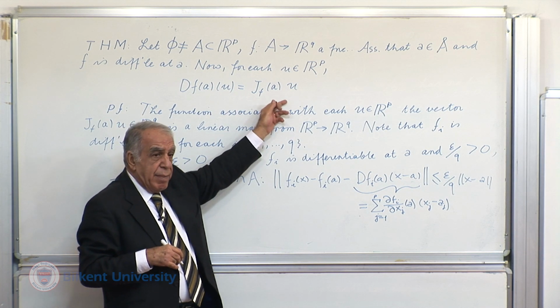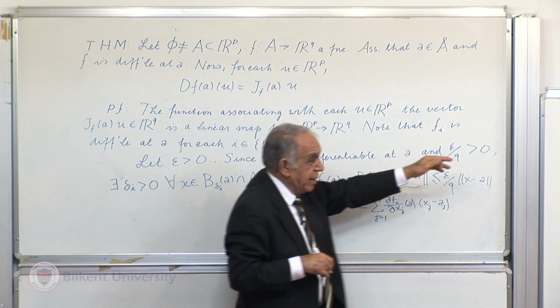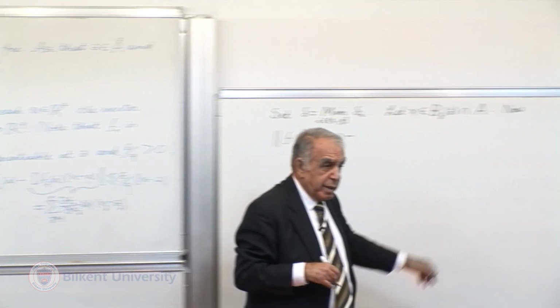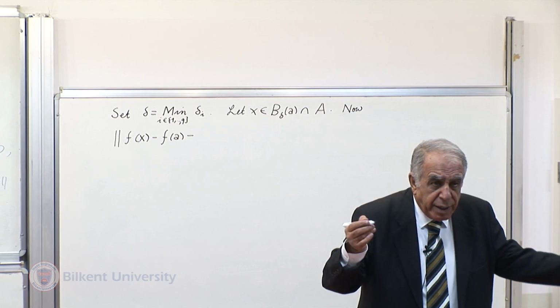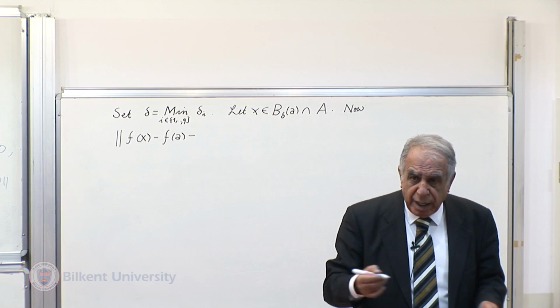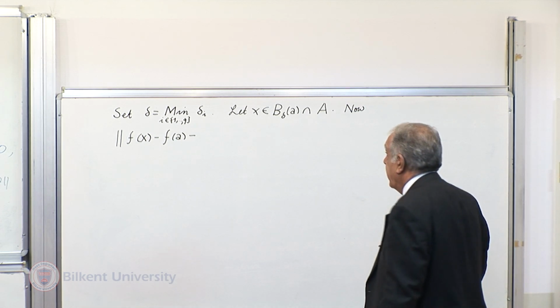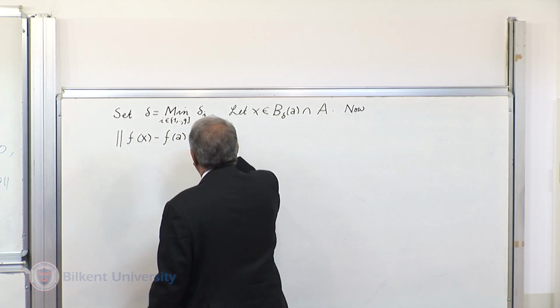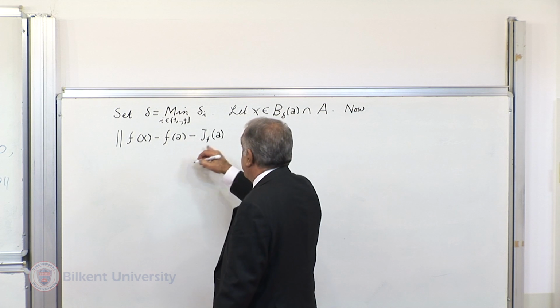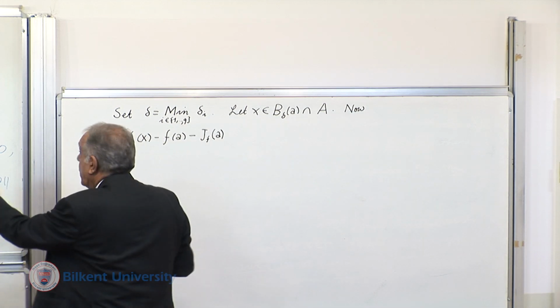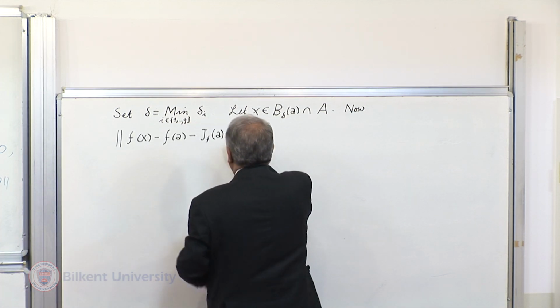That's a linear map, and if this linear map satisfies the inequality in the definition of differentiability, then by uniqueness of derivatives it will turn out to be equal to the derivative itself. So we will have J sub f at a. So this matrix, u here, will be x minus a.